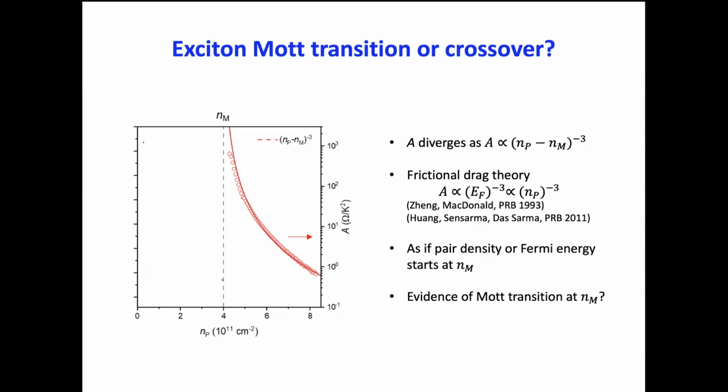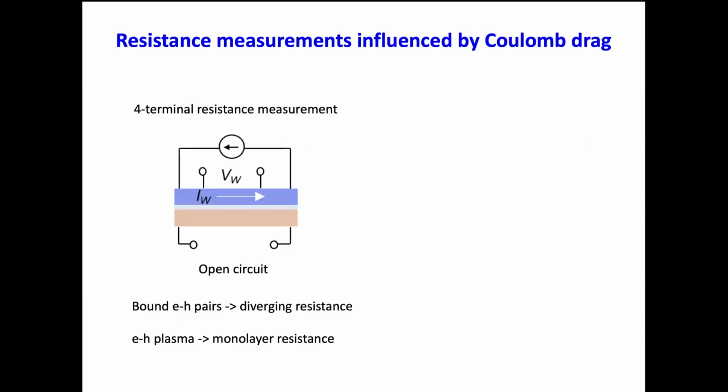Although this is a finite temperature experiment, we try to extract this parameter and tell something about whether there is a 0 temperature quantum critical point. So maybe there's evidence of an exciton Mott transition, or maybe a continuous Mott transition at the Mott density.